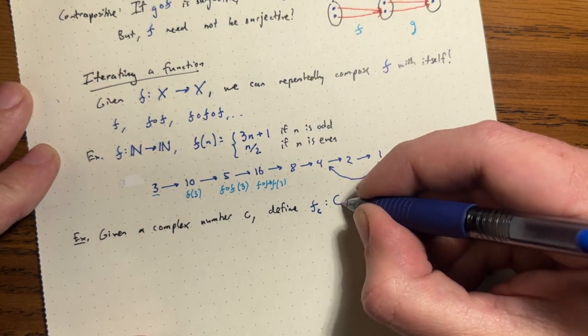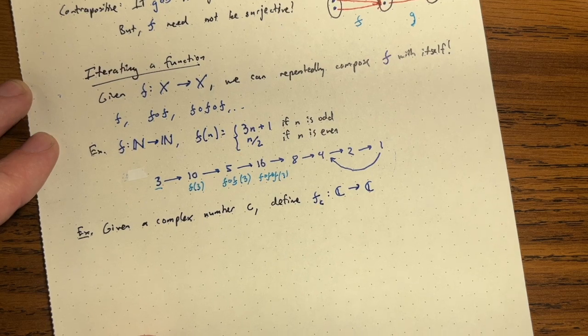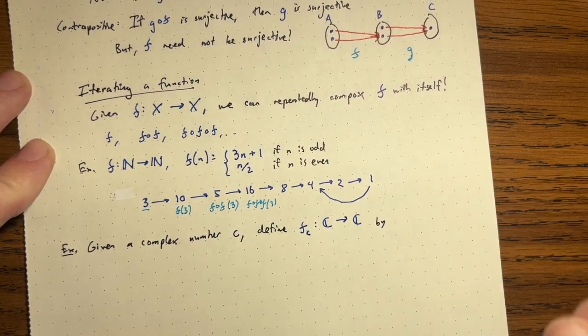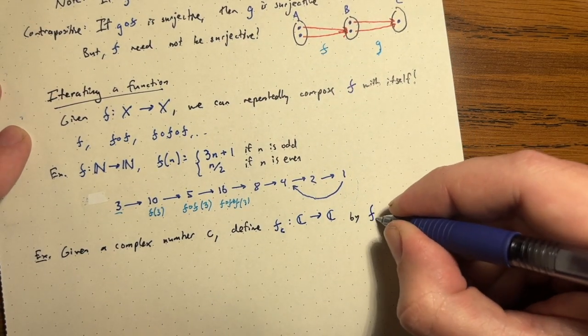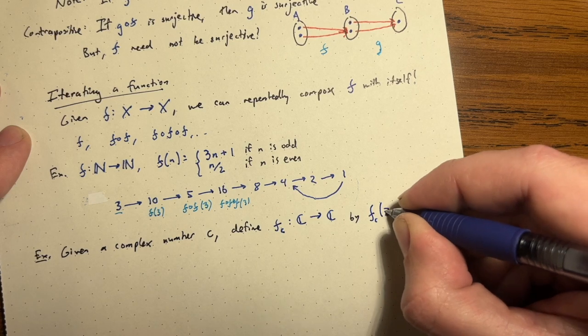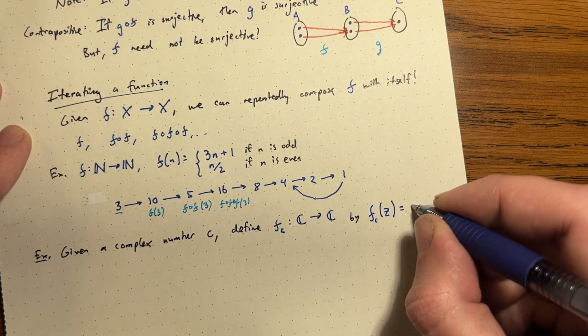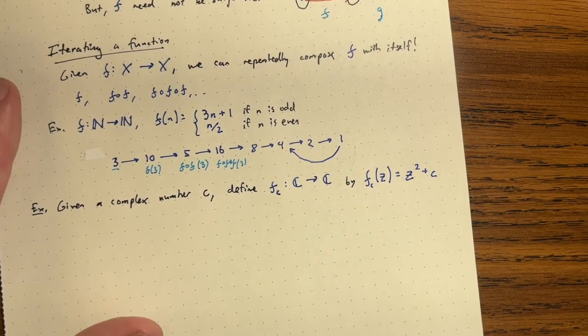And it's going to go from the complex numbers to the complex numbers. And it's going to be defined by this formula. So we're going to define it by f of some complex number, let's call it z. Typically you use z for complex numbers rather than x. And it's going to be this formula, z squared plus that fixed number c that I'm starting with, okay?